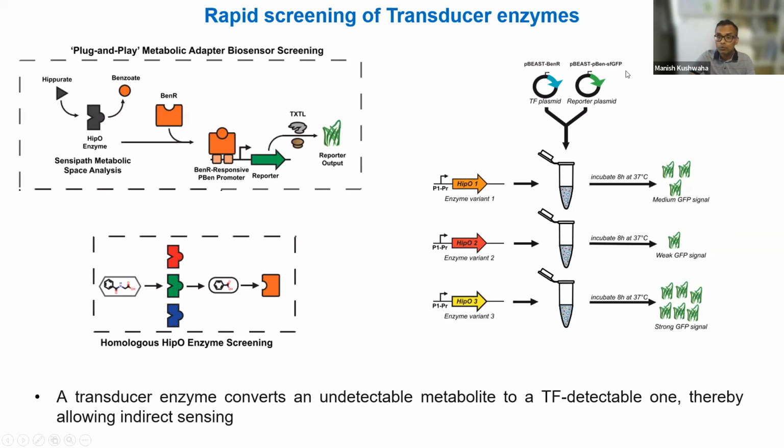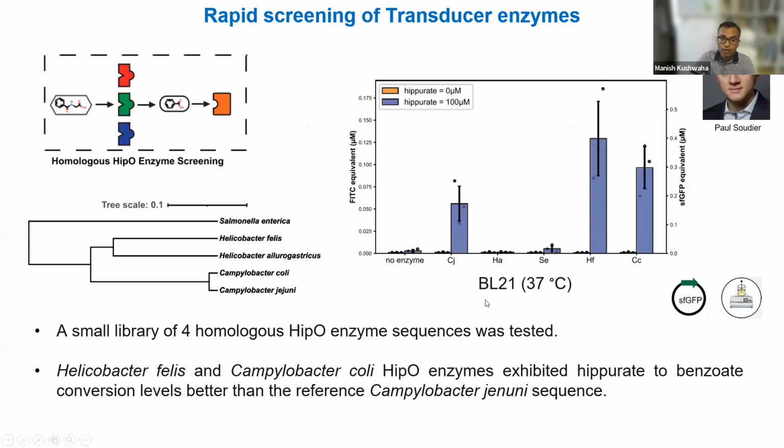In order to do that, we took plasmid versions of the BenR transcription factor and the reporter plasmid, but then we had different variants of the HipO enzymes that were PCR amplified and added into the system to see which one performed better. So in this case, we again used a small library of 4 homologs. Our original one came from Campylobacter jejuni, so that's this one here. And then we tried 4 others from 4 different organisms.